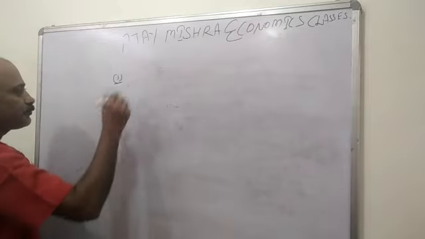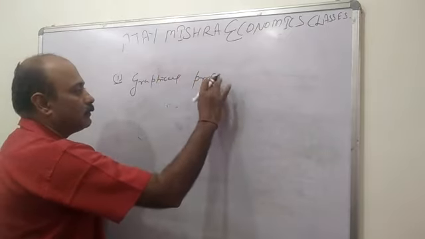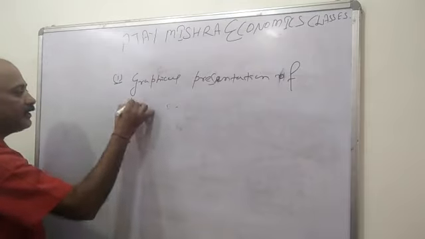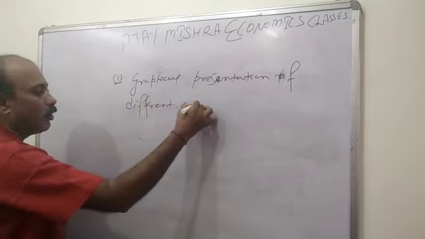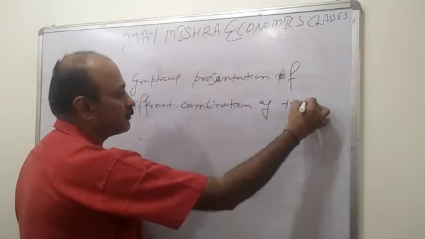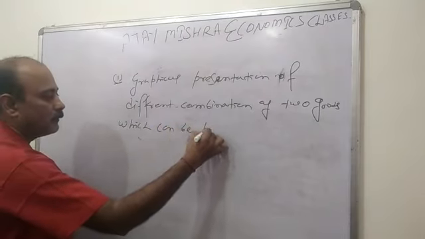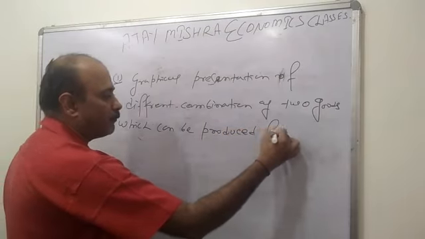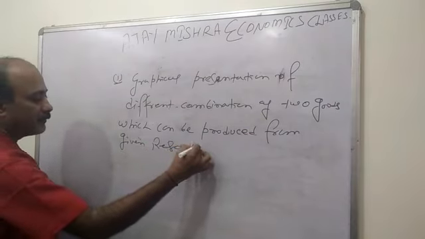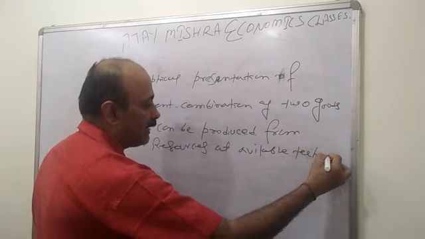So PPC is a graphical presentation of different combinations of two goods which can be produced from given resources at available technology.